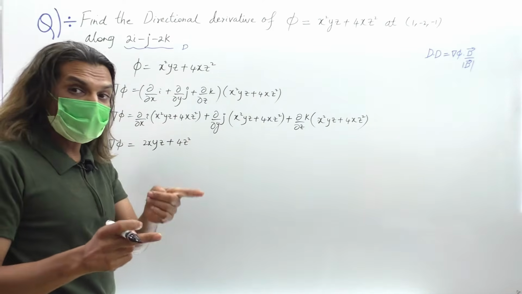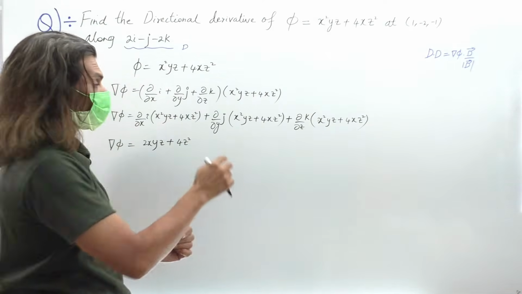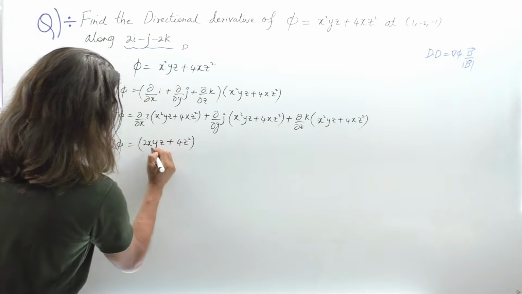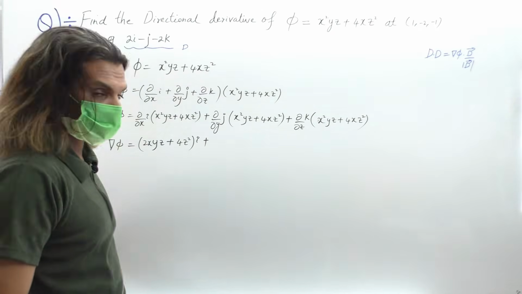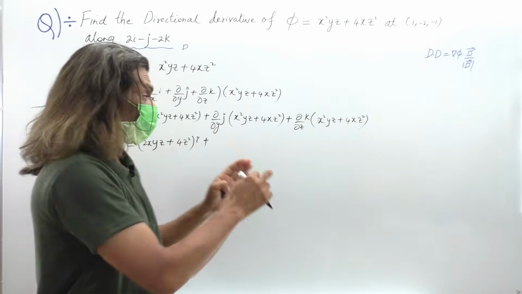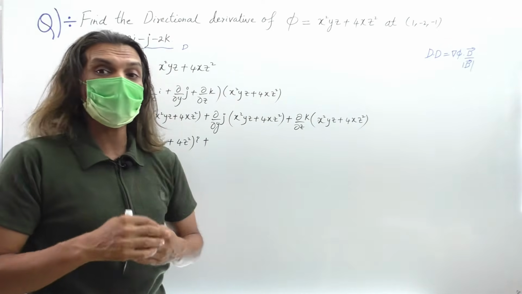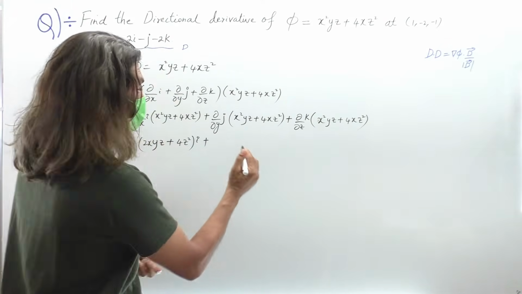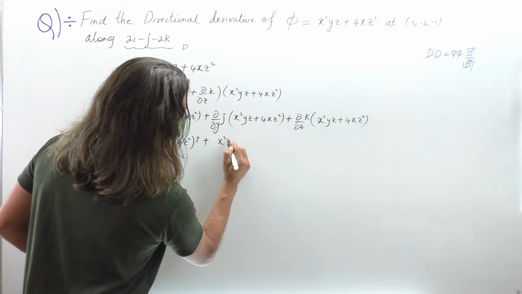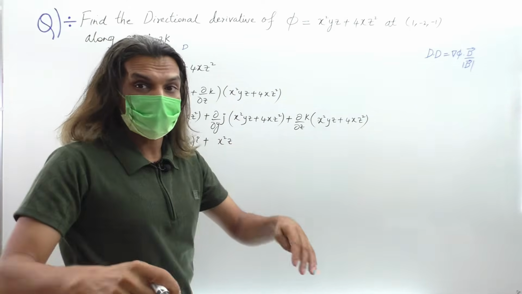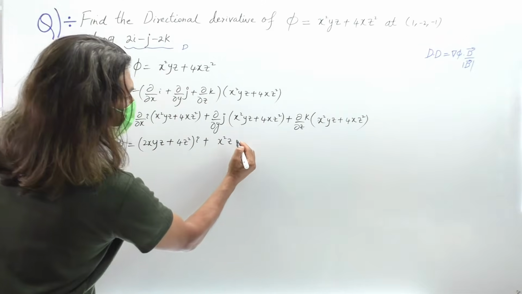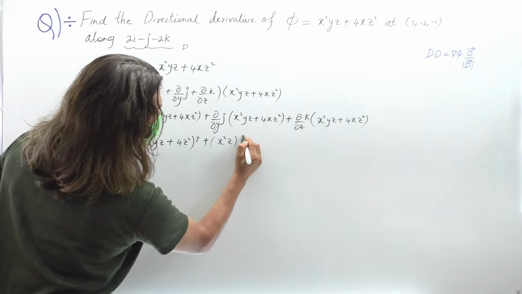We are partially differentiating only with respect to x, so differentiation of x is 1, whole bracket into i, plus dou by dou y. Here we are partially differentiating with respect to y, so x square z as it is, don't touch it, differentiation of y is 1, plus there is no y here, so y is constant, 0. Okay, so 0 into j.